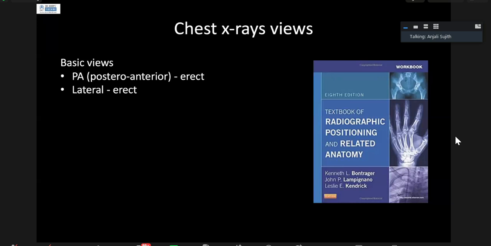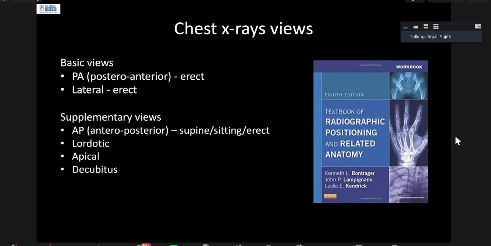But today, right now, we are going to look at the different types of projections that you can come across apart from the basic views. We'll also see why the PA view is called PA, and why the supplementary views are required. The supplementary views are a lot, and they have specific indications.